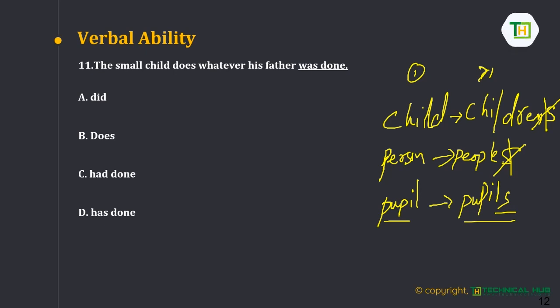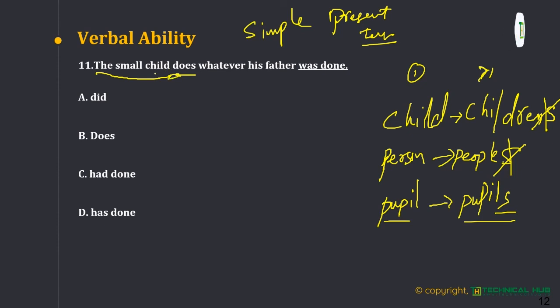Right. So yeah, let us see. The small child, which means one boy or one girl, does, whatever his father was done. No, this is simple present tense, and we have to use the same tense.